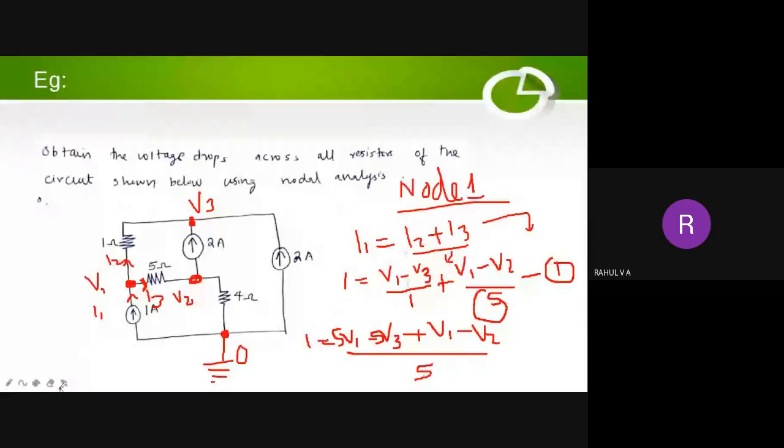Okay, or I can simplify like this. 1 is equal to V1 minus V3 plus V1 minus V2 divided by 5.